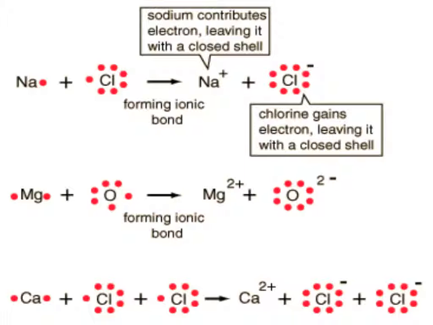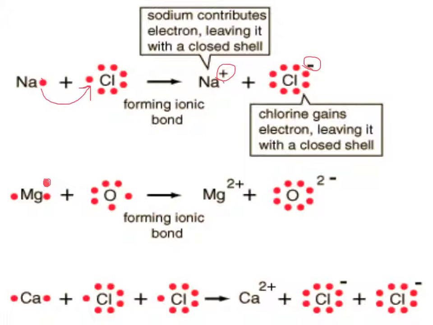Okay, here's another diagram. It's just a different way of saying the same thing. You have sodium. Sodium gives up its electron to chlorine. Now, sodium has 1 less electron, so it has a positive charge. Chlorine has 1 more, so it has a negative charge. If we take a look at the one for magnesium, it looks strange on mine because you can't see the other electrons, so I'm going to draw that one in there.